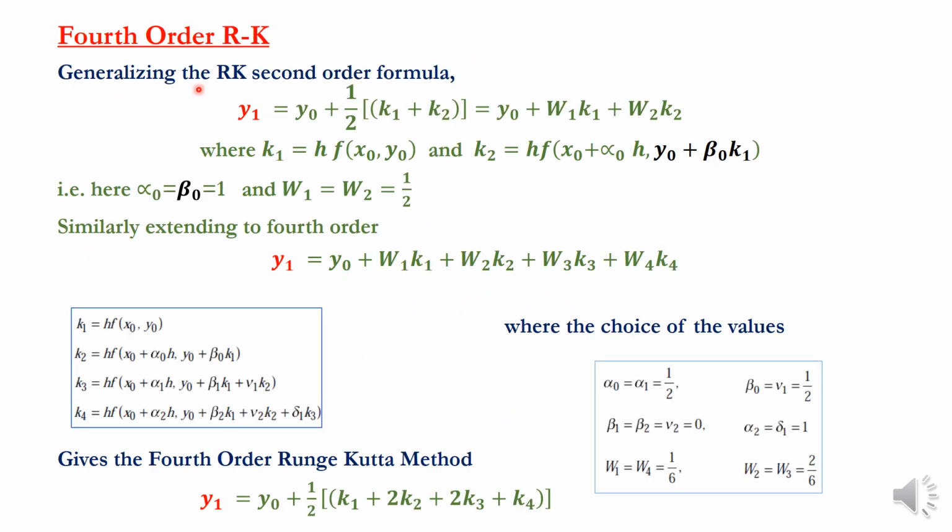Now we generalize the second order Runge Kutta formula. We found the Runge Kutta second order formula is y0 plus 1 by 2 into k1 plus k2.